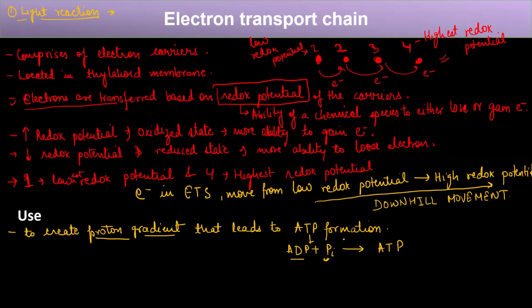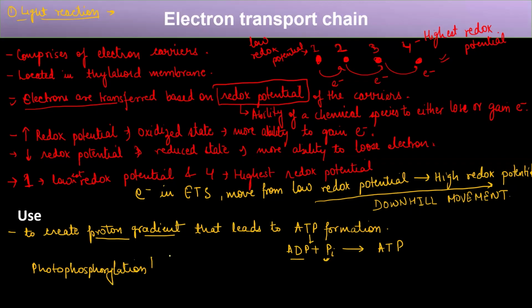Now, if it is happening during photosynthesis, then this process will be called photophosphorylation because it is happening in the presence of light. It is ultimately leading to the ATP formation, right?